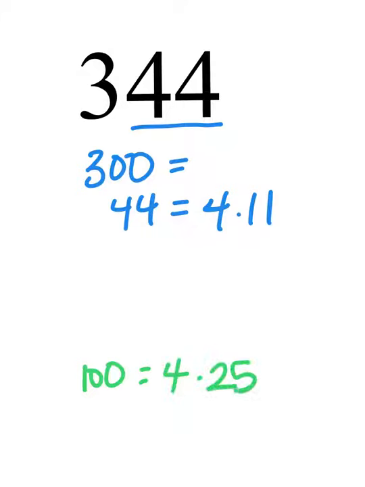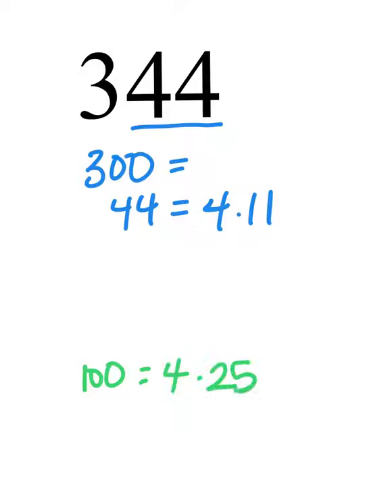Each one of those is 4 times 25, 4 times 25, and 4 times 25. The easiest way to think about that is now you've got 3 at 4 times 25, plus the 4 times 11, right? Let's move that up a little bit.